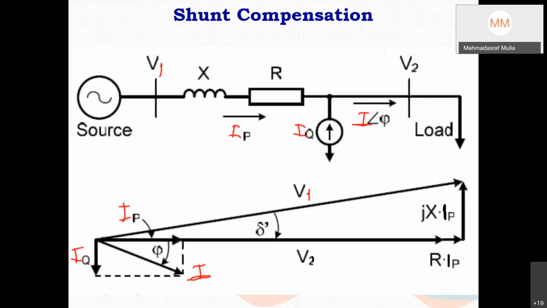As a result, the drop in R and X does not happen because of the reactive current. It is only the active current in phase with voltage that you are drawing from here. So this is how, by providing shunt compensation at the receiving end, you can boost the magnitude of the receiving end voltage. So V2 in this case will be higher than the previous value.